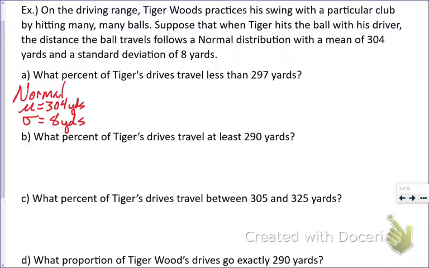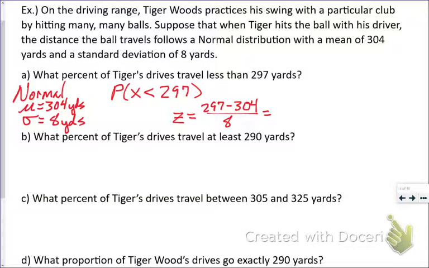The next thing that I count is you got to write the question in proportion notation, like that. And then from there, since we stated it's normal, now you're allowed to use normal CDF. So we need a z-score. We convert 297 to a z-score. And I realize you could do this outright by changing the mean and the standard deviation in the calculator, but they want to see work. So please show all these steps on an FRQ. We get negative 0.875.